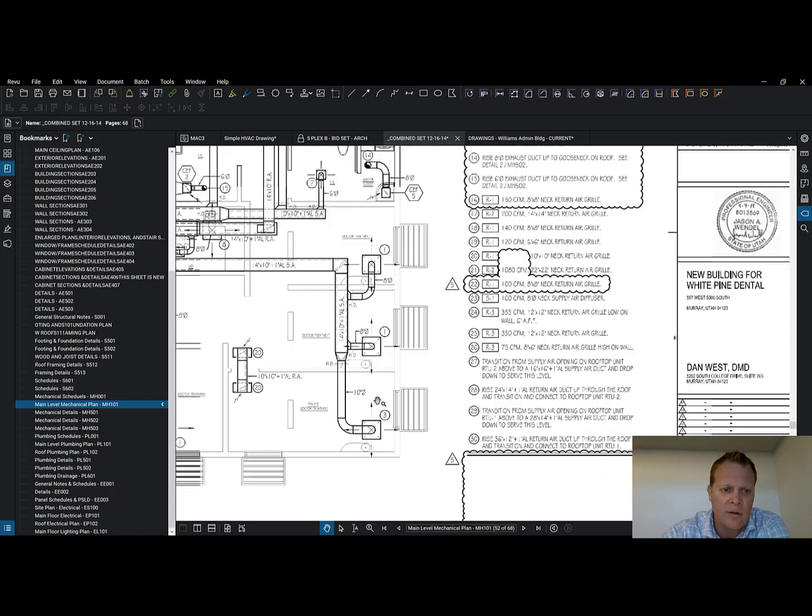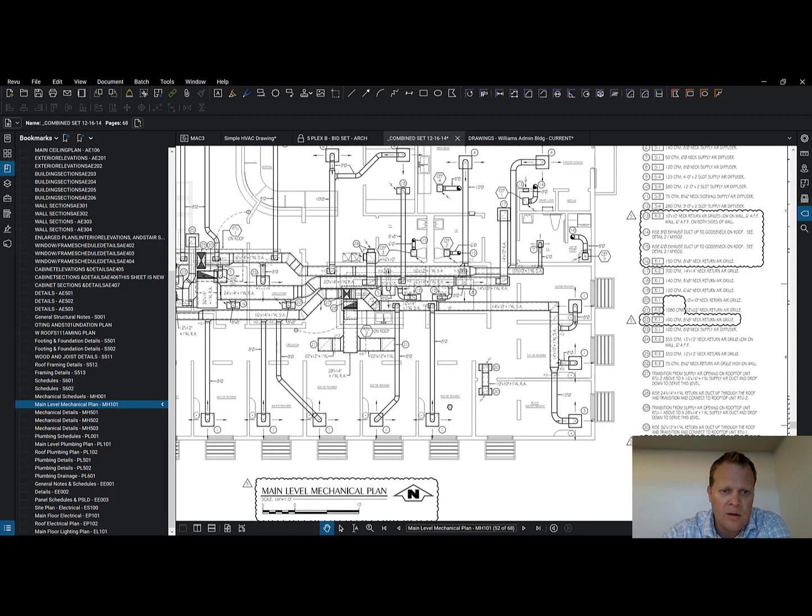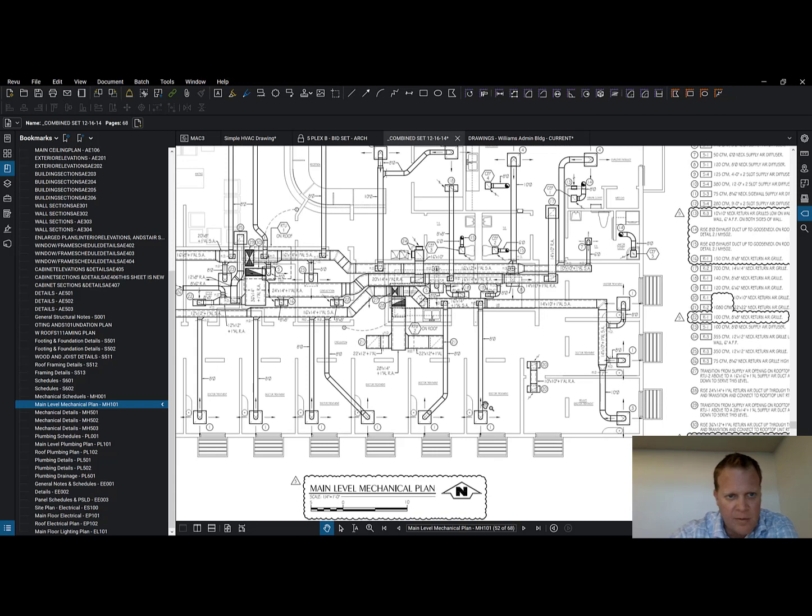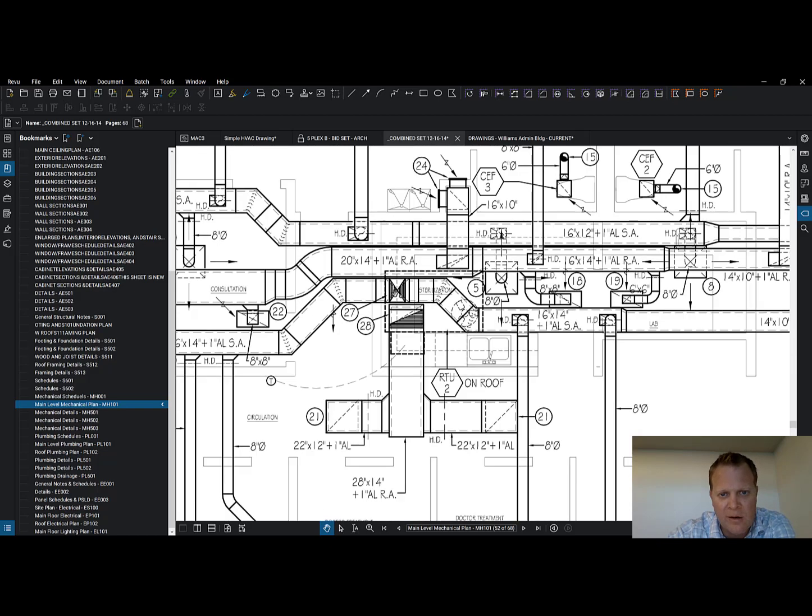Got a bunch of return air grills right here. I'm not seeing the other ones right off the top of my head where they are, but somewhere it's going to let the air get into the space above the acoustical ceiling and get pulled back to this negative pressure duct right here and back into the rooftop unit to be most of it to be returned back into conditioned air again and come back to here.